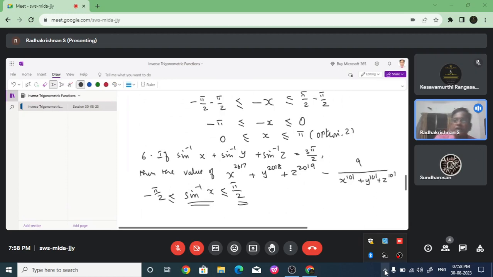If anything is less, then the total cannot come to 3 pi by 2. So the maximum value is pi by 2 only. Therefore, sine inverse of x, everything is at maximum.